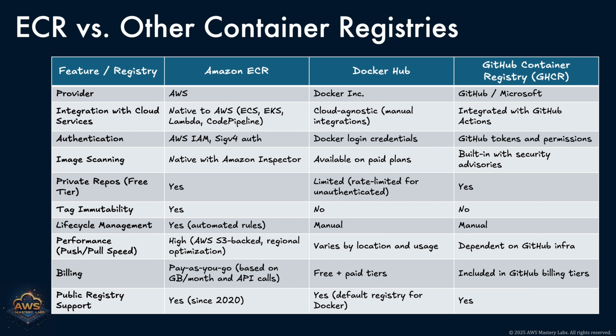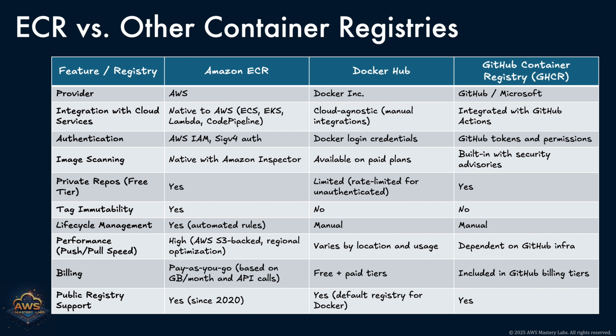When choosing a container registry, it's important to understand how different options stack up against each other. Let's compare Amazon Elastic Container Registry, ECR, with two other popular choices, Docker Hub and GitHub Container Registry, GHCR. Amazon ECR is deeply integrated into the AWS ecosystem. It's designed to work seamlessly with services like ECS, EKS, Lambda, and Code Pipeline.